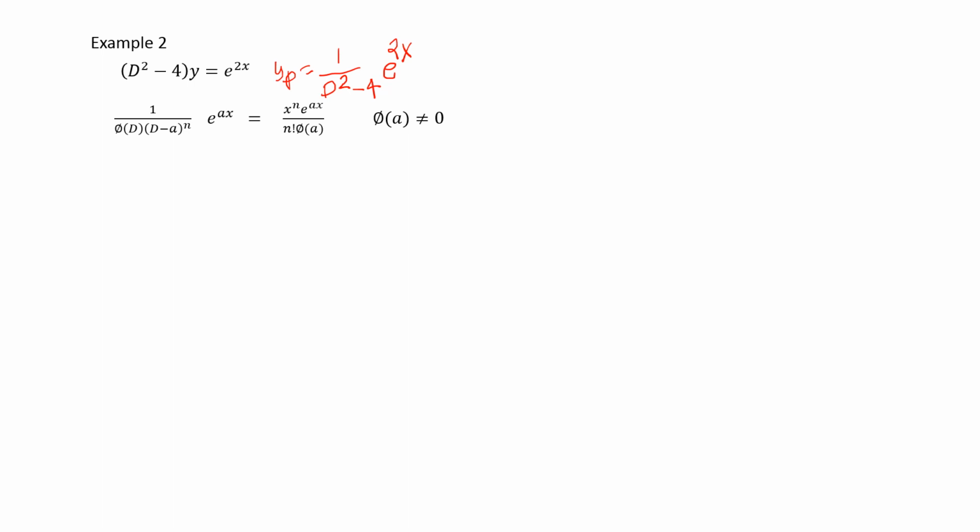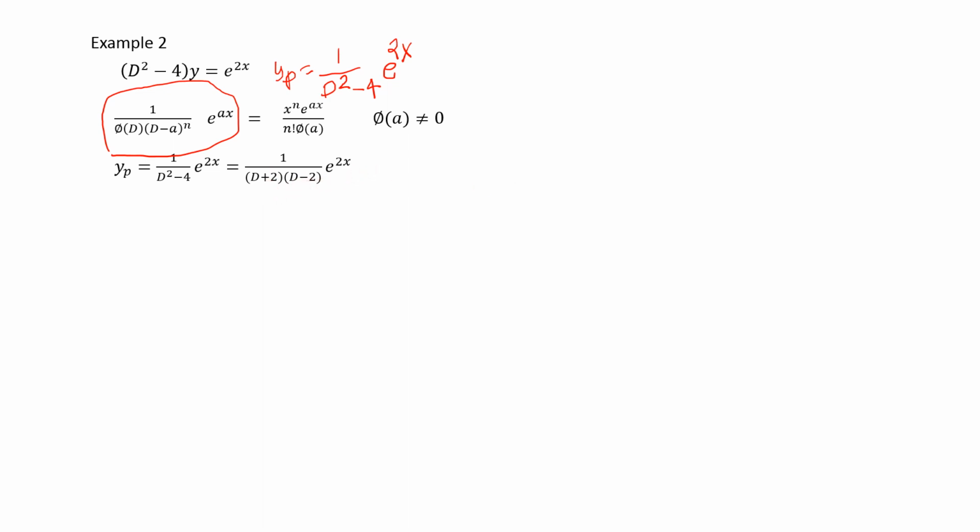Now, we are going to use this formula: 1 over phi of D minus a to the n, e to the ax, is x to the n e to the ax over n factorial phi of a, where phi of a is not equal to 0. Now, our particular solution is 1 over D squared minus 4 e to the 2x. This can be factored into 1 over (D plus 2)(D minus 2) e to the 2x.